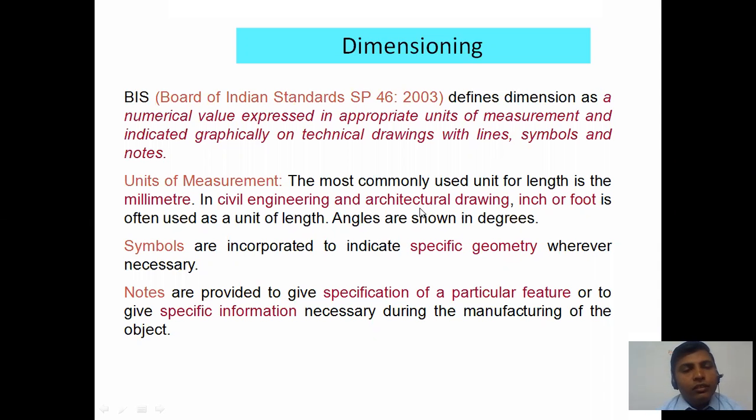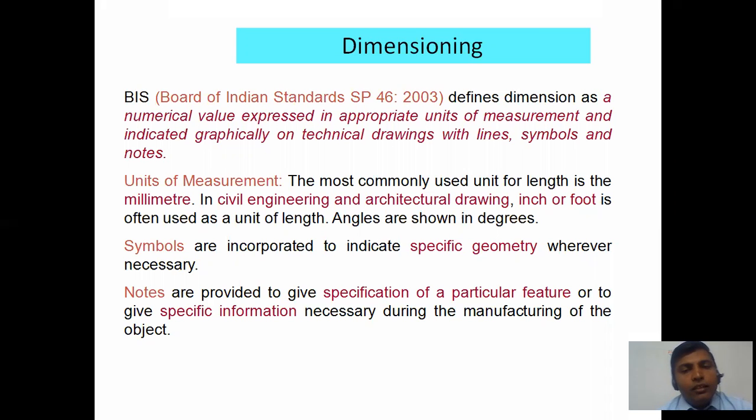To get good marks, or to show the diagram appropriately and aesthetically good, there should be a good system of dimensioning, and you should show the dimensions the correct way. Otherwise, there is a chance of getting fewer marks or losing your own marks.